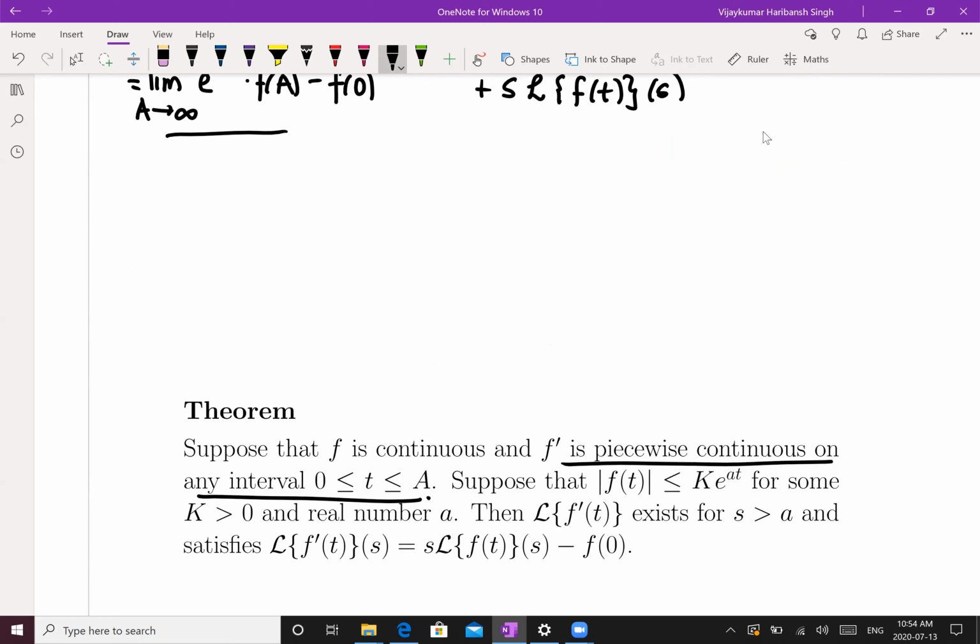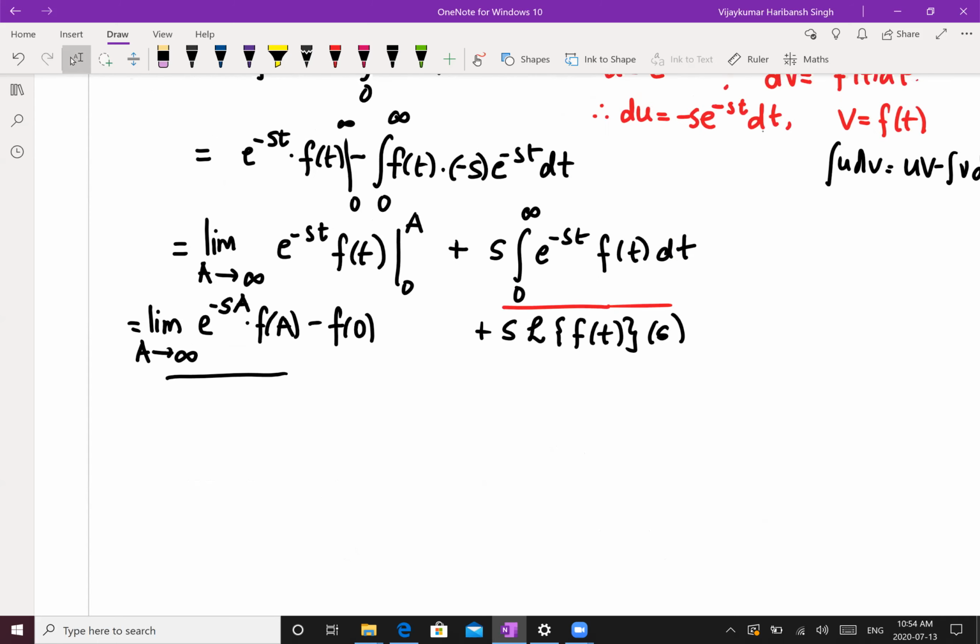What do we mean by piecewise continuous? Piecewise continuous means that it is continuous on every piece and that the function is bounded, is sub-exponential. That means the absolute value of f of t is less than or equal to k times e to the power at for some k greater than 0 and some real number a. Yeah. So suppose that happens.